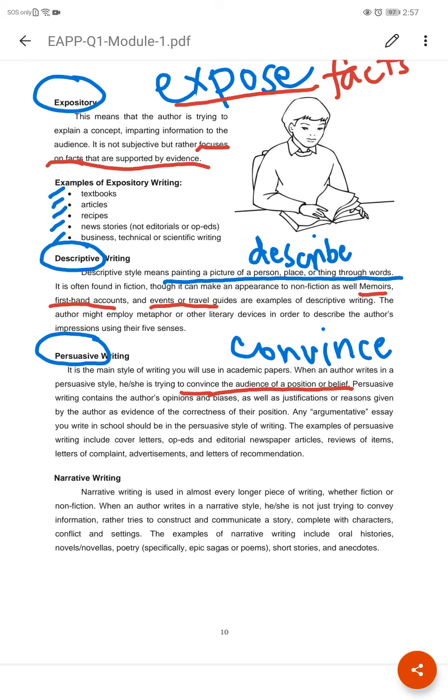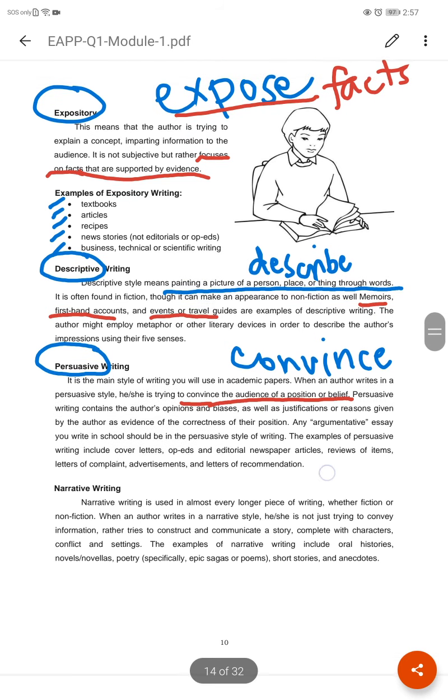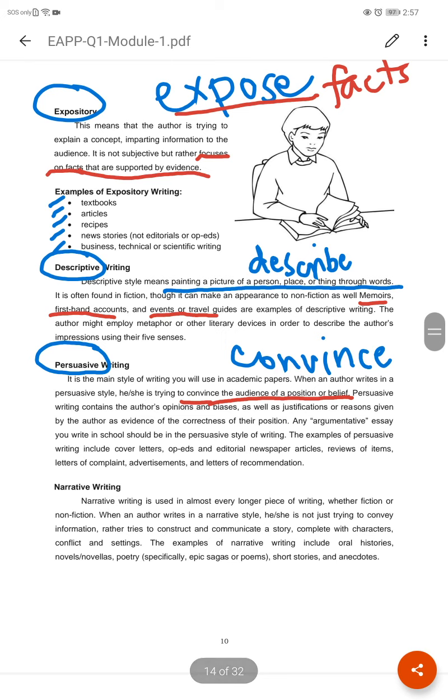For example, the topic is same-sex marriage, and then you are gay, and then you would say, I am in favor of same-sex marriage because I am gay and I want to be happy. That is a very unobjective way of writing, because you cannot convince people to believe in you if you will just talk about your personal feelings. So instead of making that to convince your readers, you can give other factual informations.